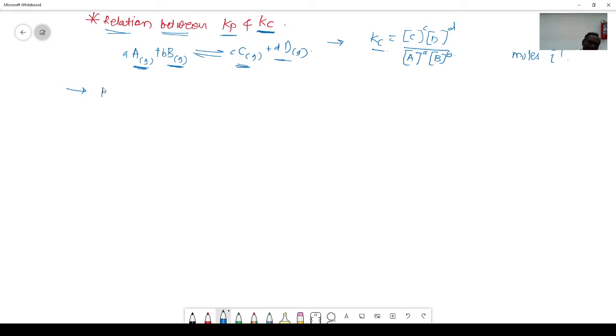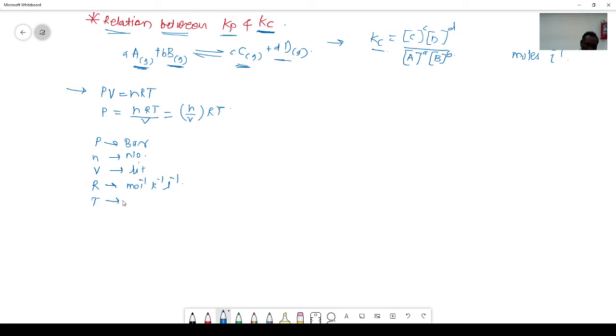The ideal gas equation is PV equals nRT. Then pressure P is equal to nRT divided by V, which can be written as n divided by V into RT, where pressure is in bar, n is the number of moles, volume is in liters, R is the molar gas constant in units of per mole per Kelvin, and T is the temperature in degrees Kelvin.